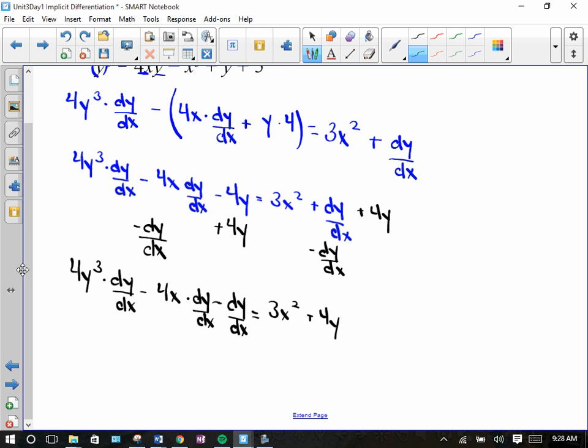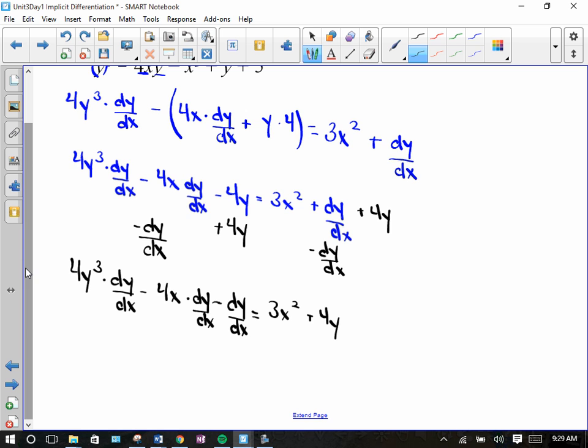All 3 of these terms have something in common. What do I do when I have something in common from 3 different terms? What's the mathematical term for taking something out of 3 different terms?